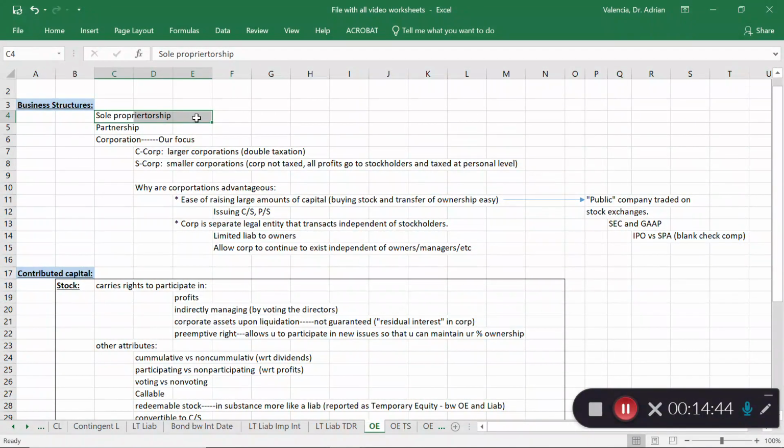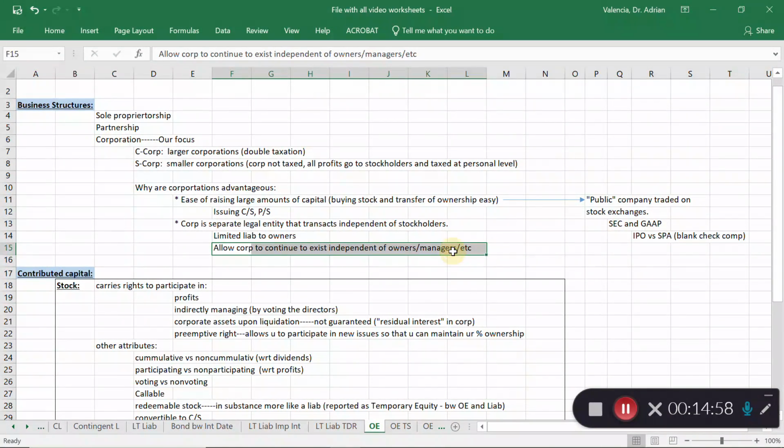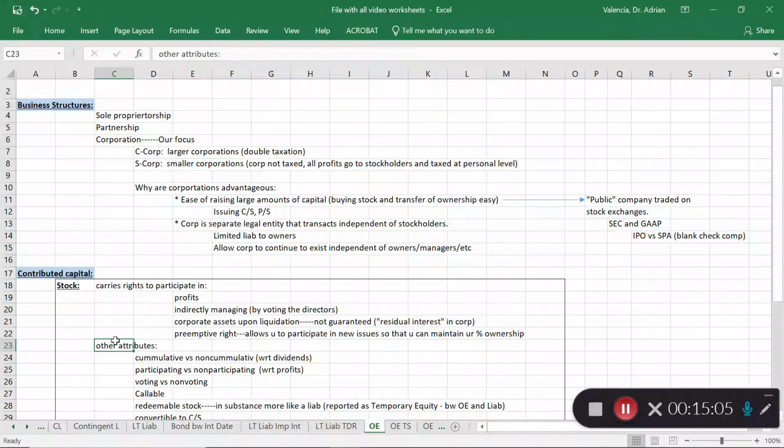Under the sole proprietorship, once the owner passes, for example, that's it. The business ceases to exist because that is the main person running the show, right? In a corporation, even if some of these owners leave or pass or whatever the case may be, the shares would be transferred or sold to somebody else. So that corporation continues to exist. So that's kind of the idea here, that you're doing things indirectly as a shareholder.